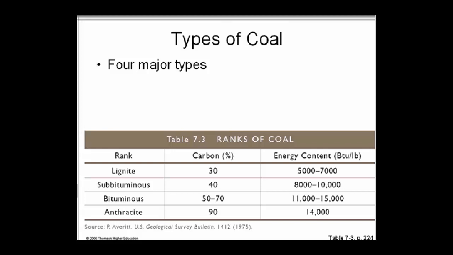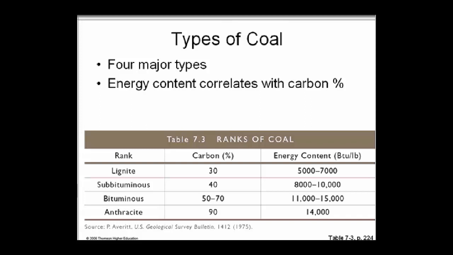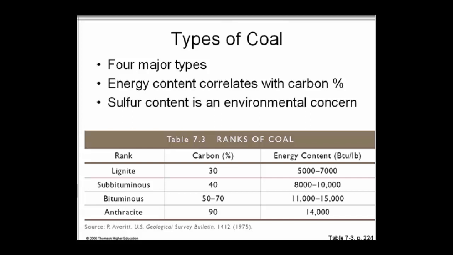And gradually, you'll find that the energy content is correlated with the carbon content. But also in there, like I say, is the sulfur content, for the most part, and to some degree nitrogen, because these are organic matter compounds. Sulfur, as it's burned, has the ability to come off as sulfur dioxide in the atmosphere that can react with rainfall and other moisture types like water vapor to create acid rain.